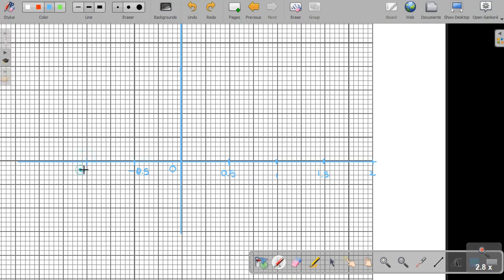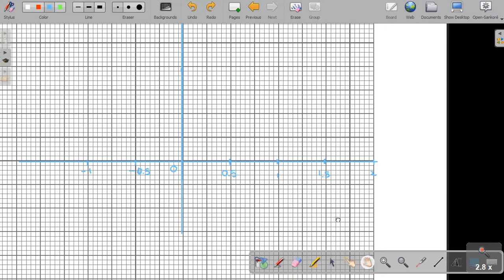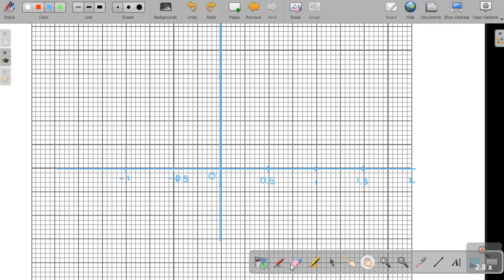And this is -1. -1.5, and up to there it's -2. Okay, and then the other axis, 2 centimeters to represent 1 unit. So this one is easy.